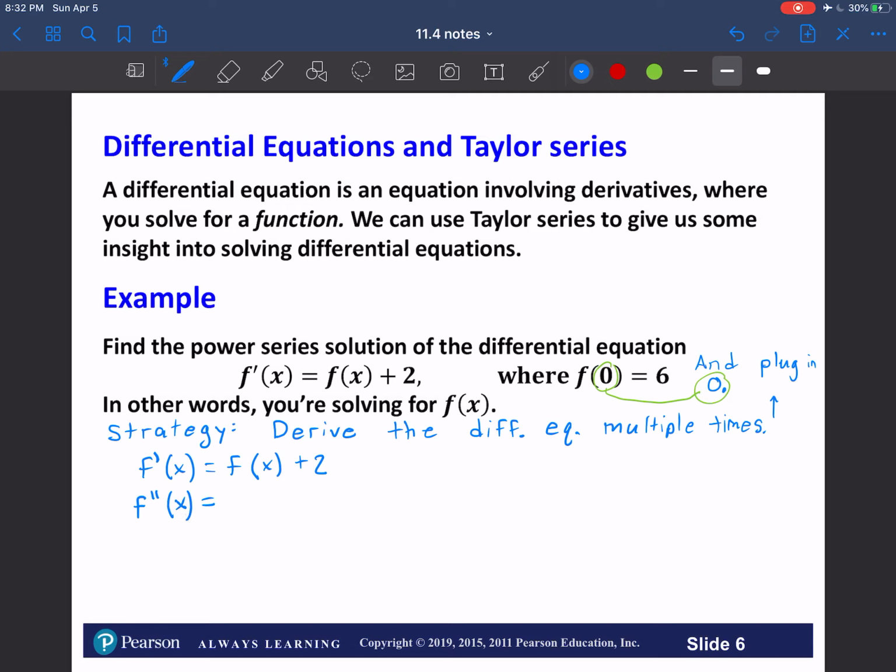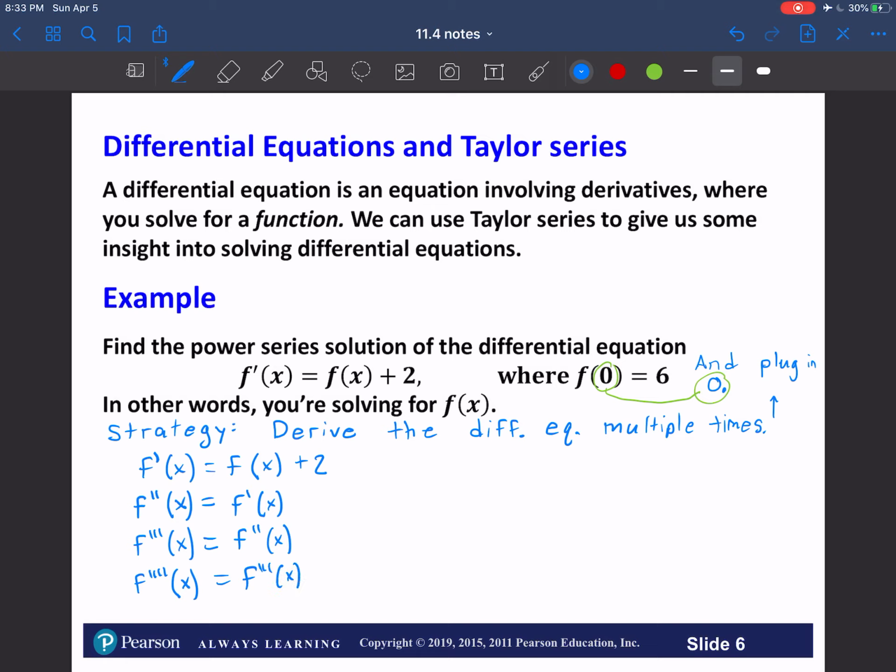The derivative of the right-hand side is f prime of x, and the constant 2, whenever you take its derivative, just goes to 0, so we're just left with f prime of x. Then if we take the derivative again, we get f triple prime of x equals f double prime of x. And then we can continue: the fourth derivative of x is equal to the third derivative of x.